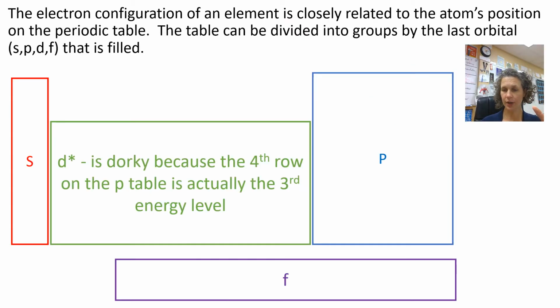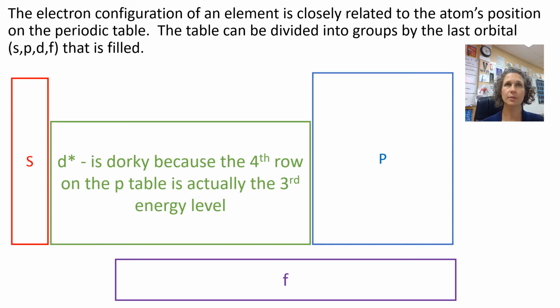Okay, so now we're bringing in a little bit of the periodic table. The reason that the periodic table has such a weird shape, why isn't it just rows and columns, is that you have some short columns and some tall columns because of the electron configuration. And the electron configuration is very closely related to where the atom is on the periodic table.